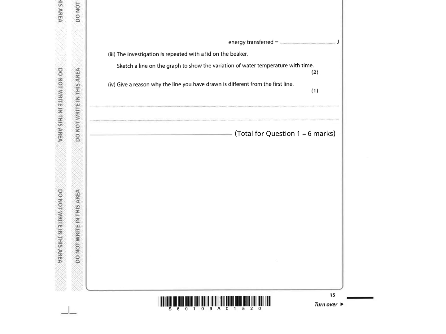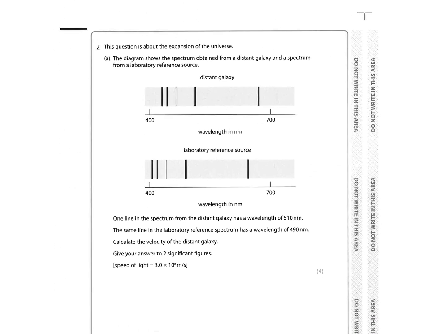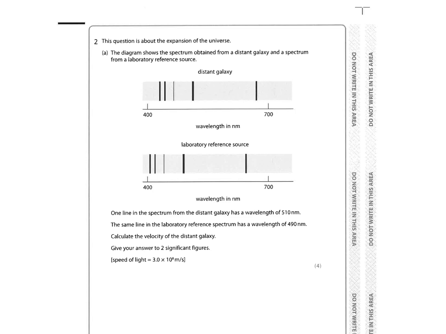All right, we're going to look at the next question, which is looking at the expansion of the universe. We have been given here two spectra from a distant galaxy and something which you'd see on Earth, the laboratory frame of reference.